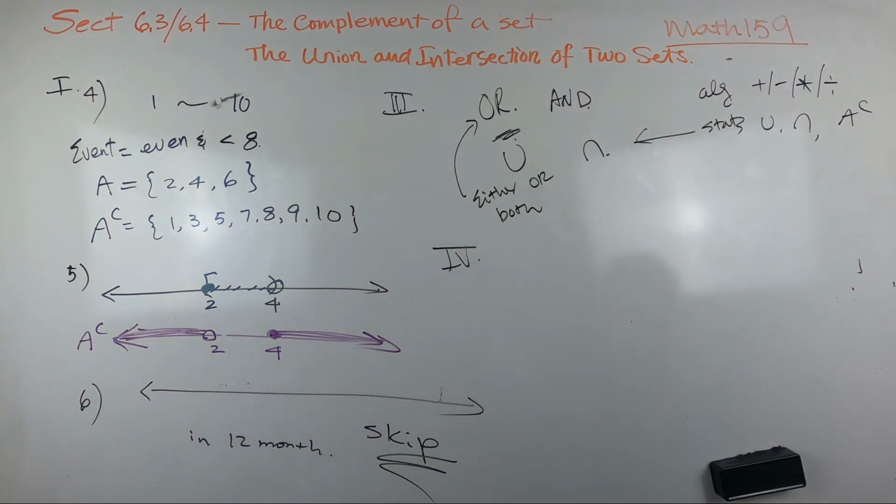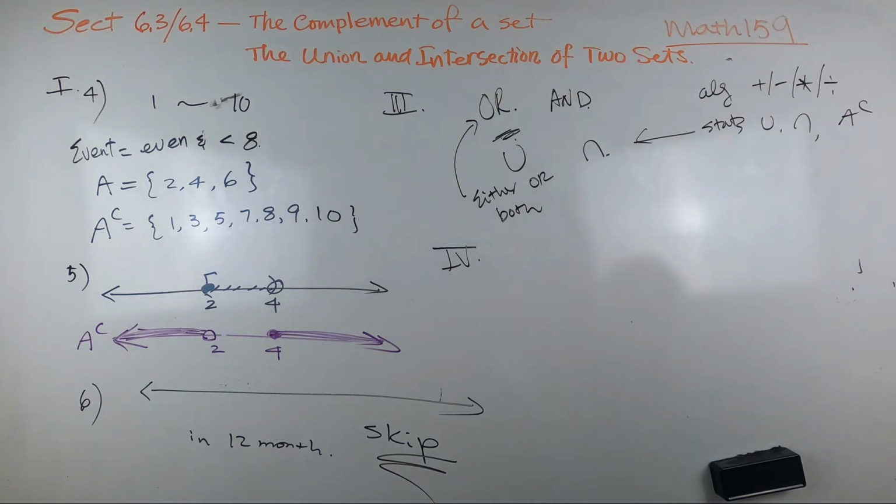Example 1, consider the following sentence. Find the probability that a household has fewer than 6 windows or has a dozen windows. Write in set notation as a union of two sets and then write out its union. So we are talking about two sets, right?